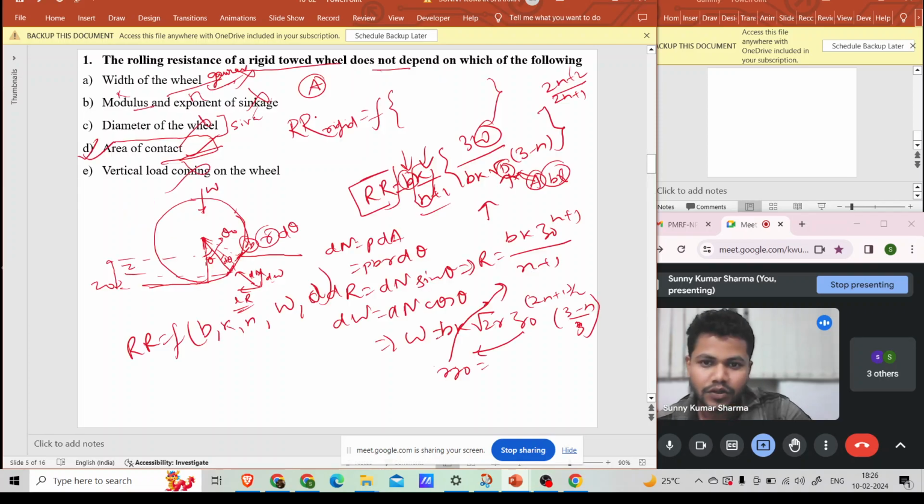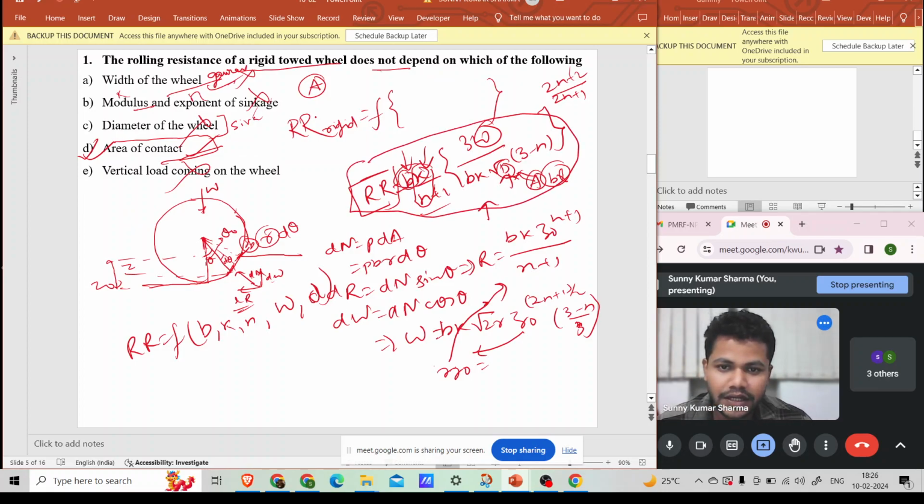Okay. Rolling resistance we have written like this. If we simplify, B and K we have here also.